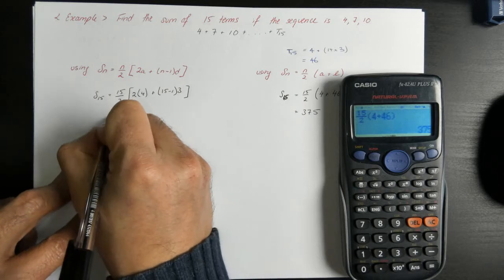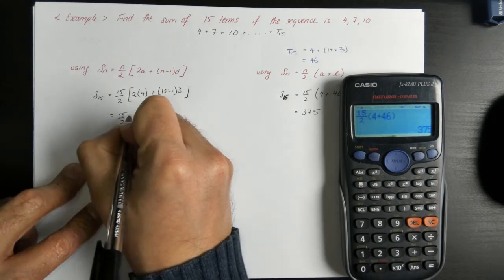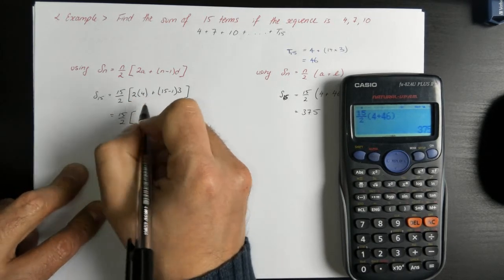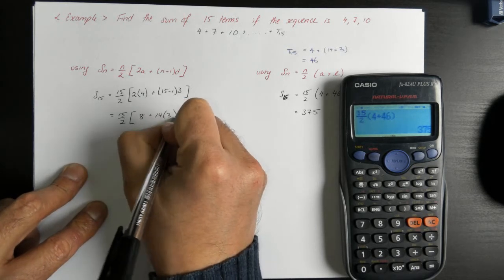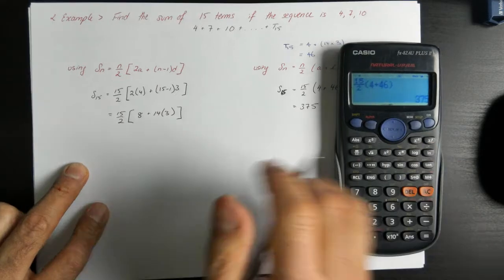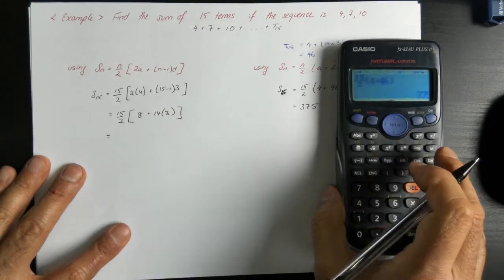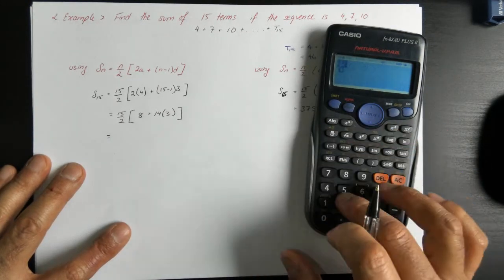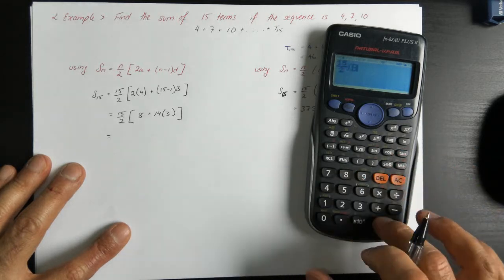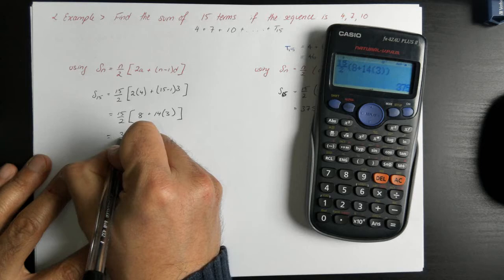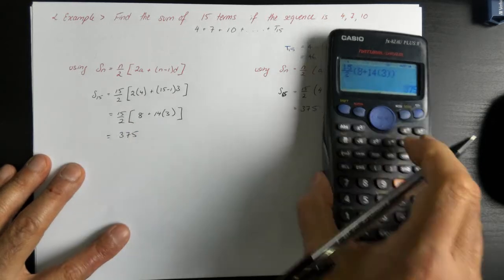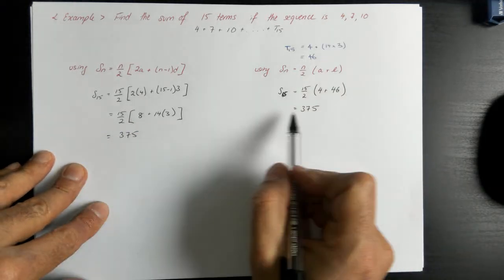Okay, so I'll clean this up a little bit. 15 over 2 multiplied by 8 plus 14 lots of 3 is 375. I get the same number.